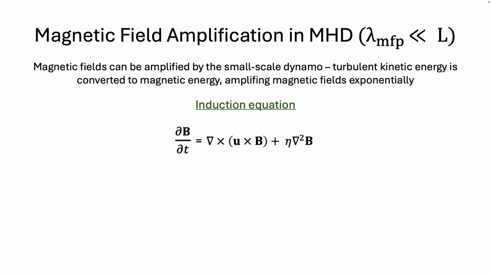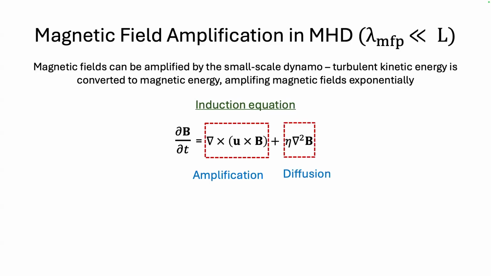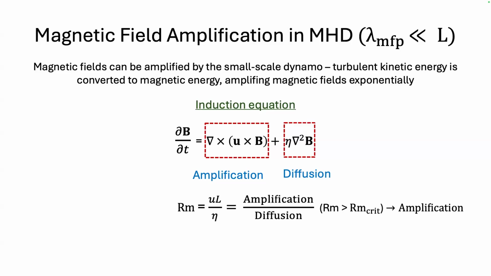So we have two terms on the right hand side here. This is how turbulence gets coupled into magnetic fields and how turbulence is injected into magnetic fields. And then you have this diffusion term here, which is a sink for magnetic fields. So this is essentially the equation that governs the evolution of magnetic fields. And you have a lot of dynamo parameters for the MHD turbulent dynamo.